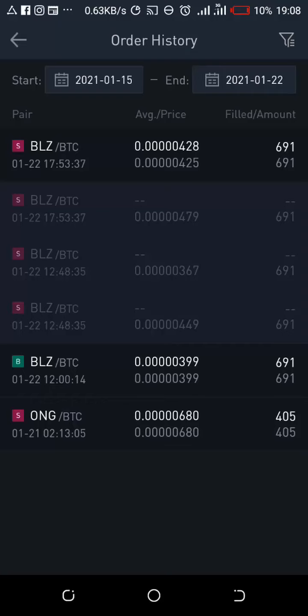So the average price at which it was sold was 425 Satoshi. So it was sold at the rate of 425 Satoshi. Therefore, our trade has been sold and we have secured the first profit.